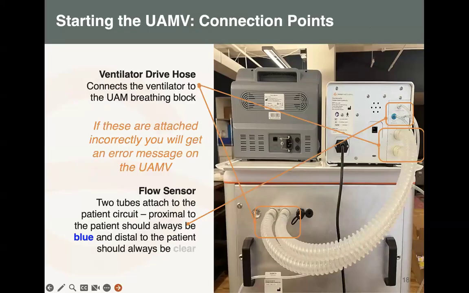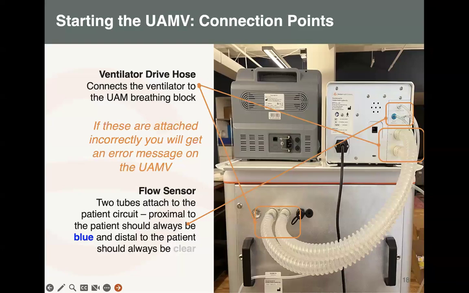Okay, I understand most of you have the new machine, and another important point is the connection. I know there are labels on the machine. Here you have to understand the proper connection.